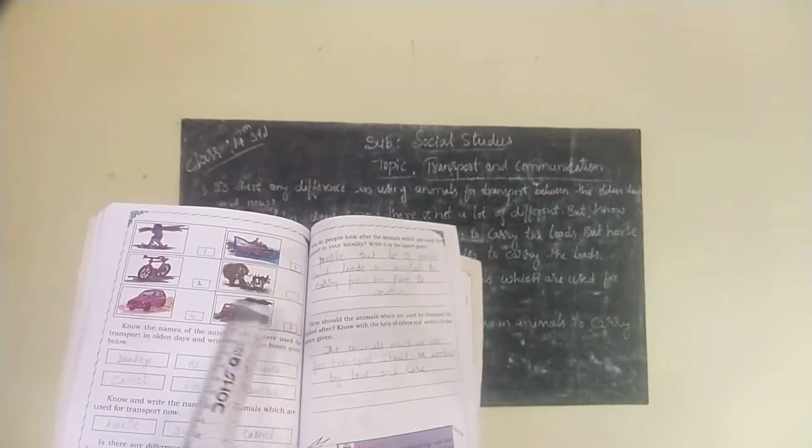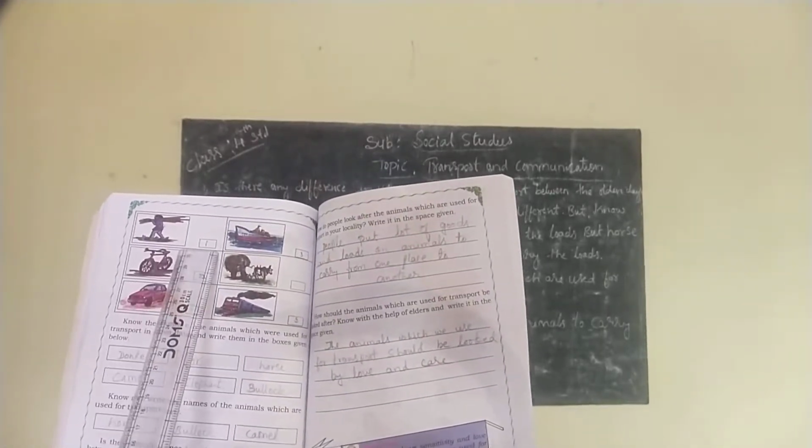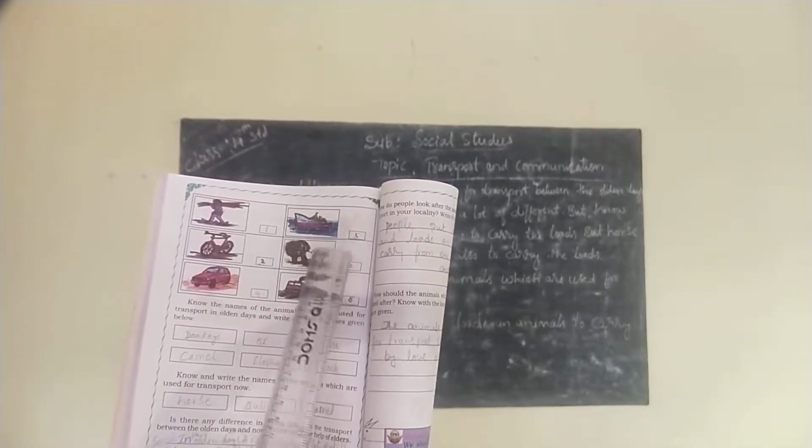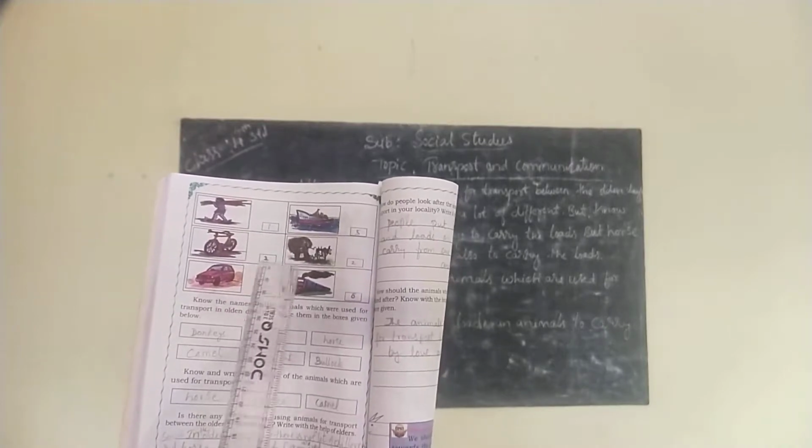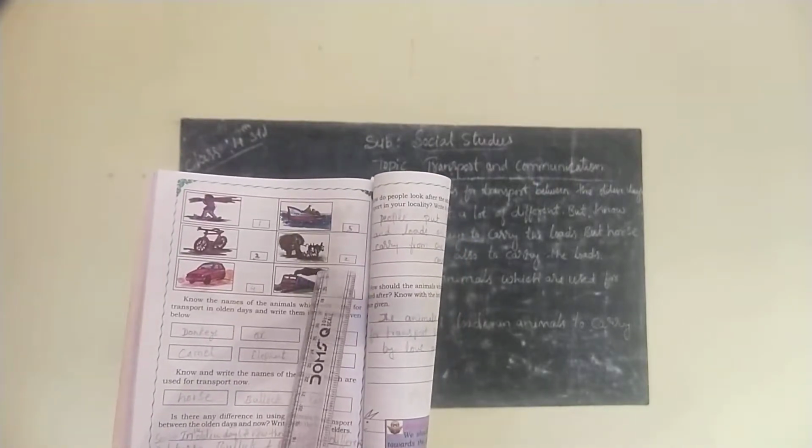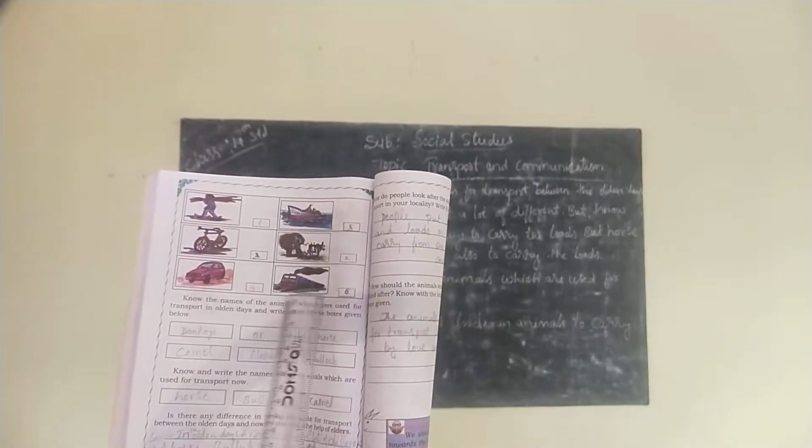First, early man. The second is bullock cart. The third is cycle. Then fourth is car. Then fifth is the ship. Then sixth is the train.